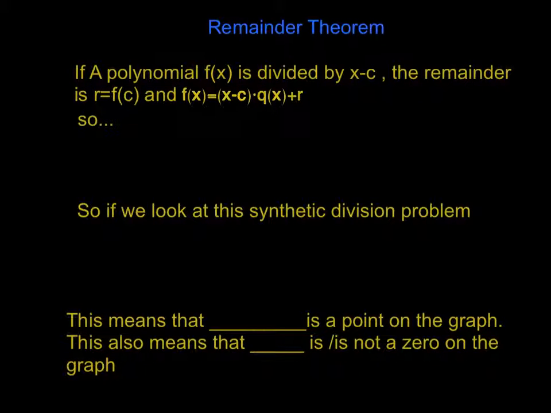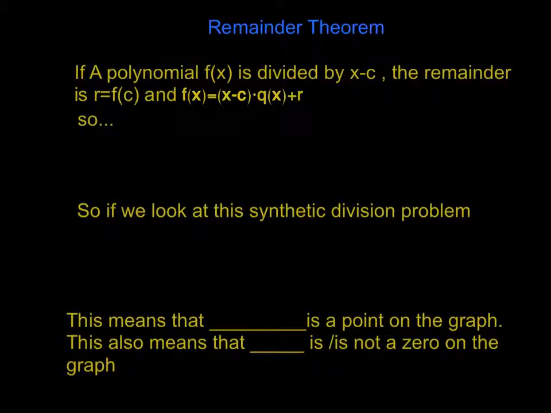Okay, so the remainder theorem. If a polynomial f of x is divided by x minus c, kind of what we just did, the remainder is r equals f of c, and f of x equals x minus c times q of x plus r.